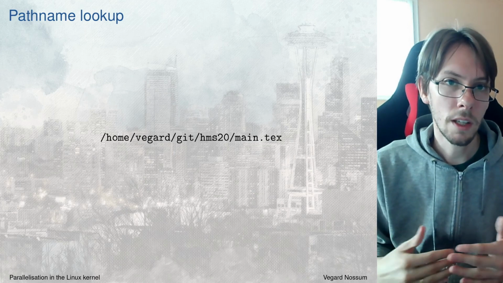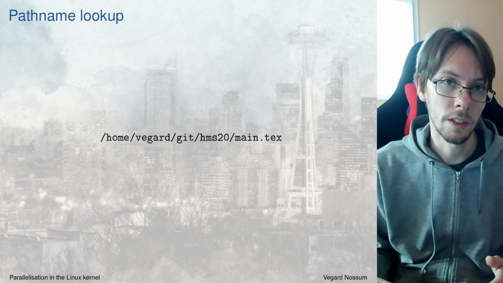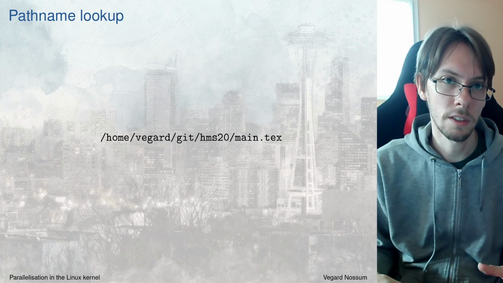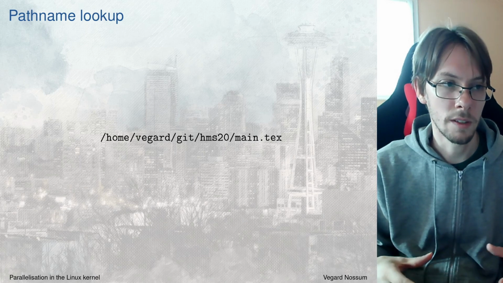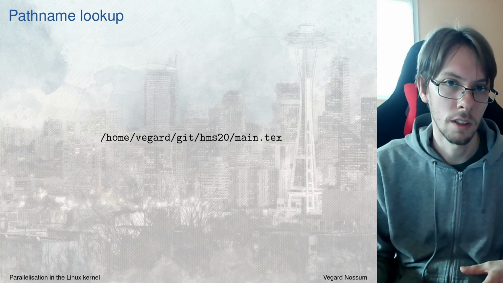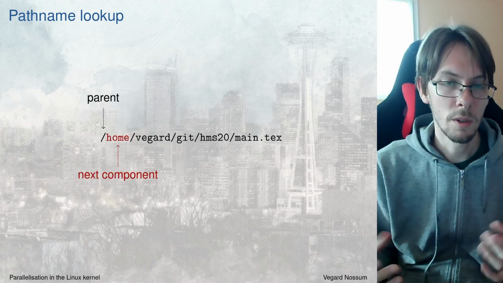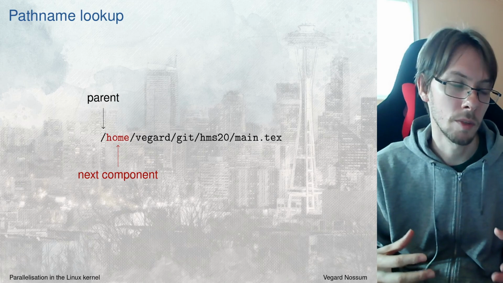To start walking down this path, you start out with a parent directory being either the current working directory, or, if the path name starts with a slash, then it's an absolute path and you start at the VFS root. At each step, you will have a parent pointer, which points to some directory entry object in memory.